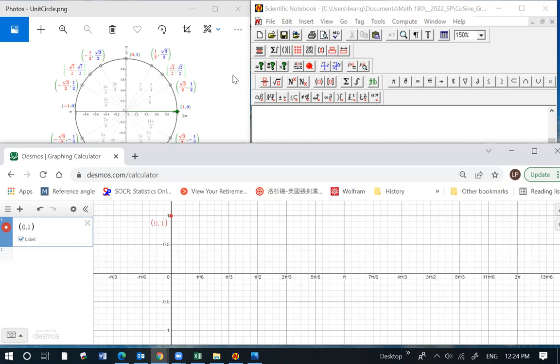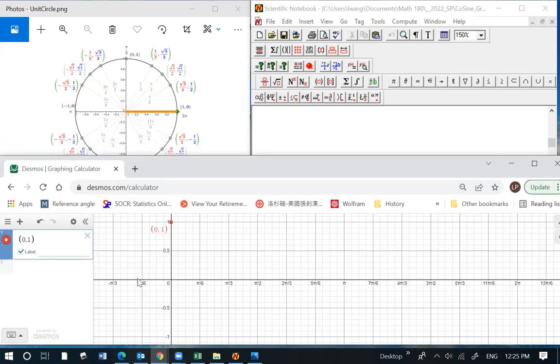We know this point corresponds to this red horizontal line. They should be comparable in length. All right, so there. I think this is better. Okay. Now, the next point we did yesterday.